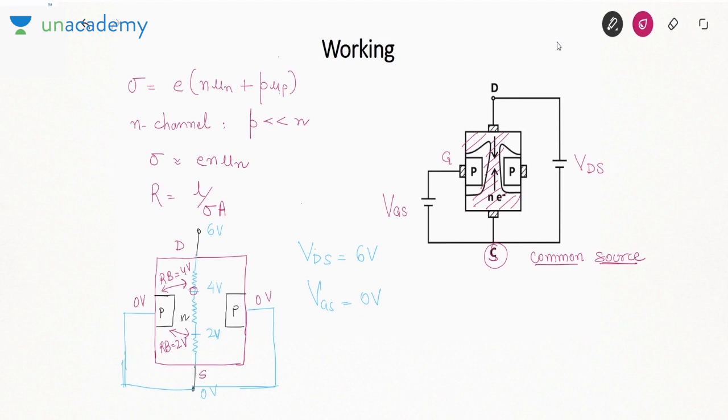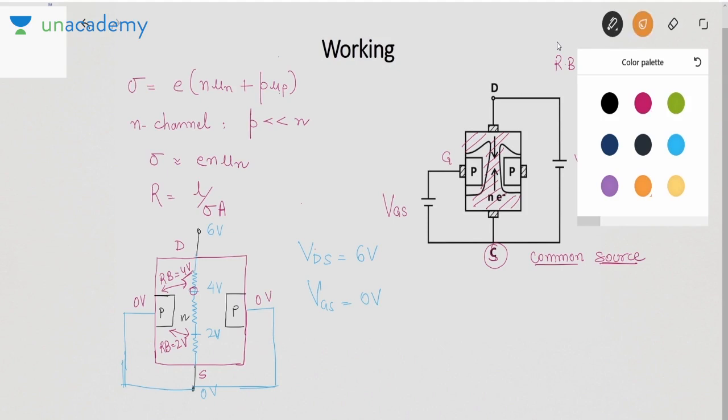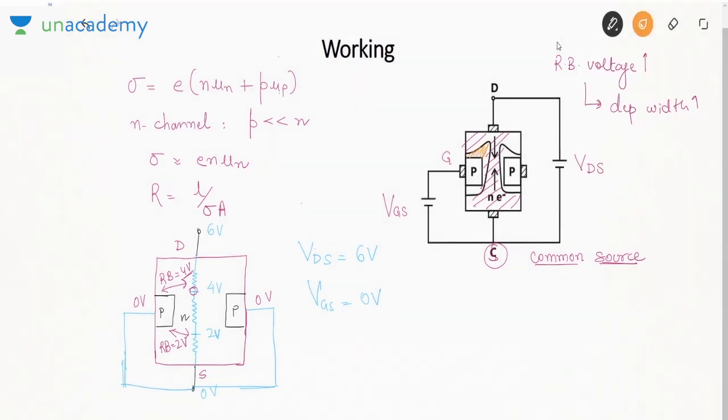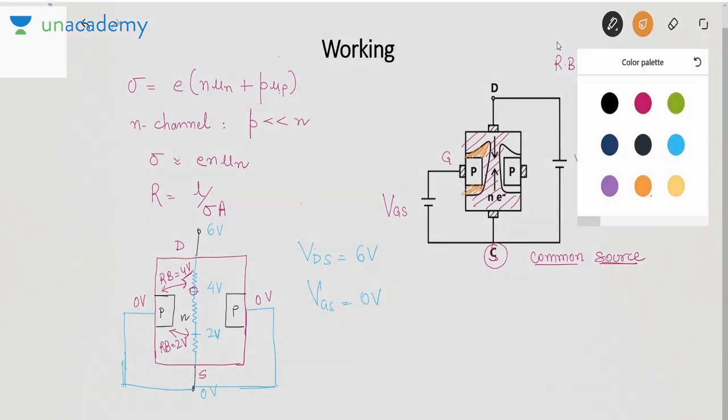So what does that mean? As reverse bias voltage increases, depletion width should also increase. That means since the reverse bias is more near the drain, the depletion width will also be more near the drain. So if you see here, depletion width is more as compared to the source. Is this point clear?